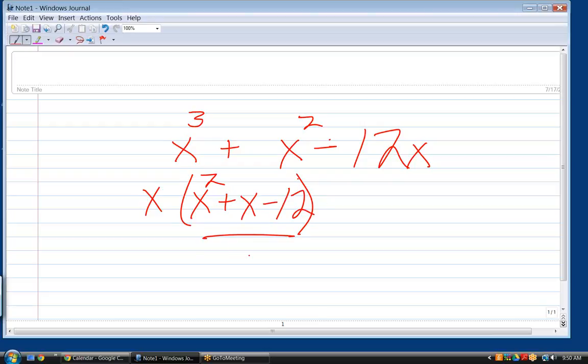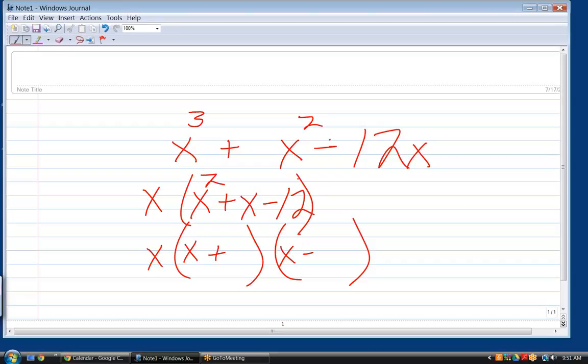Now we're looking at another standard quadratic that we can factor. Factor that again. X in each of them. And then plus and minus. And then factors of 12 that subtract to 1.